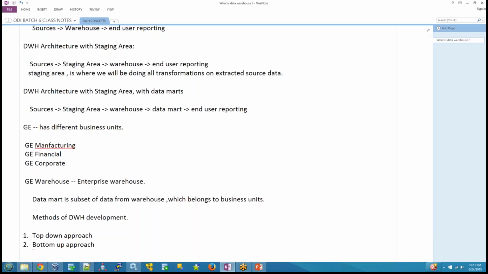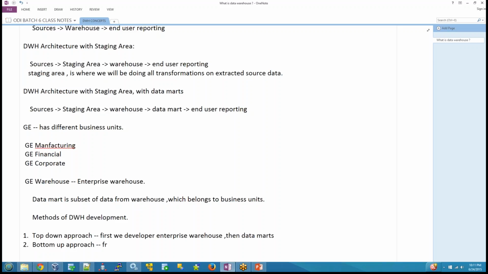In the top-down approach, first we develop the enterprise warehouse, then data marts will be developed. First warehouse, then data marts.